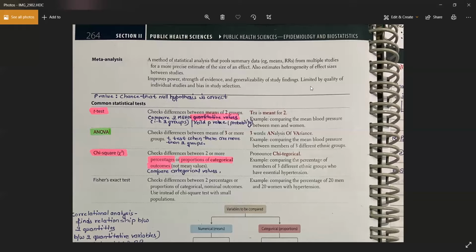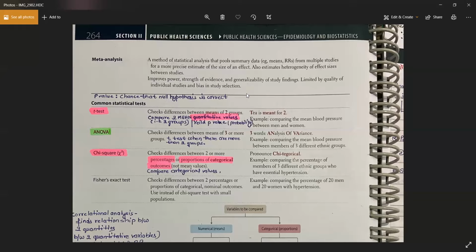But it will be limited by the quality of the individual studies and the bias in the study selection, because different studies use different methods of selection. Different studies are performed under different circumstances, right? So when you pool these studies into one, different conditions are created. Very important to know.